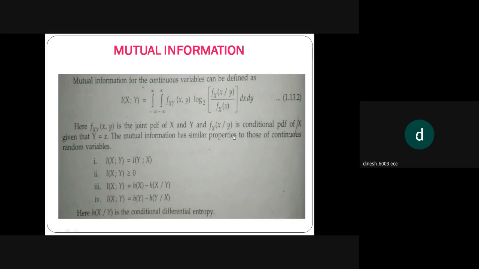The mutual information will have some properties that are to be satisfied.